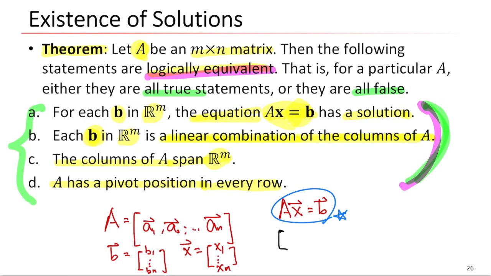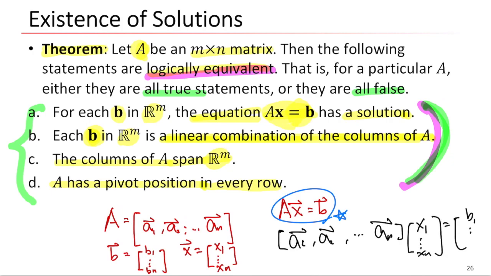Let's write it first: x1 a1 plus x2 a2 through plus xn an equals b.